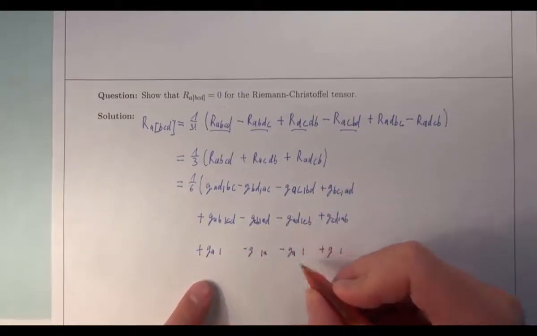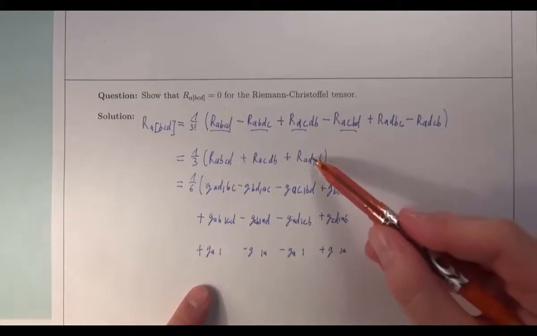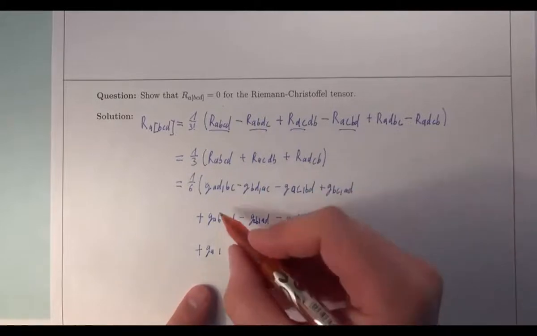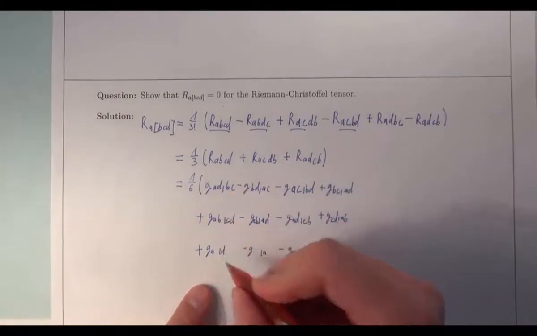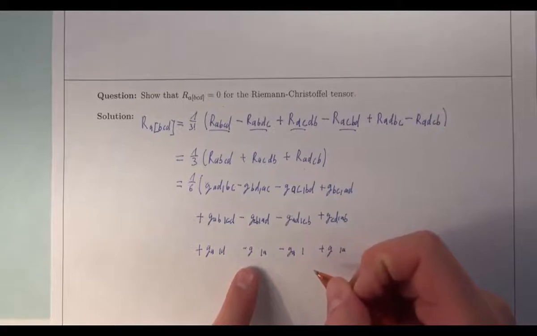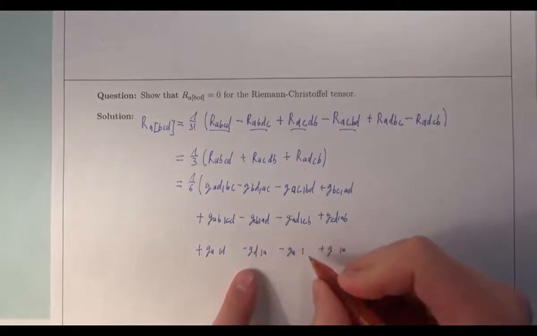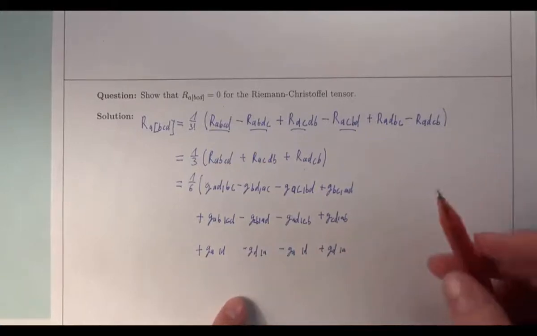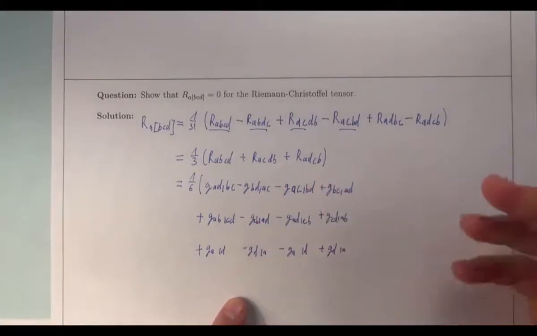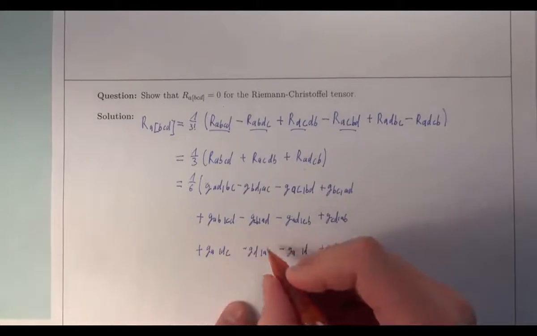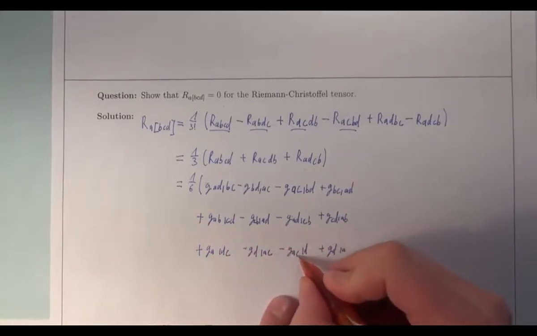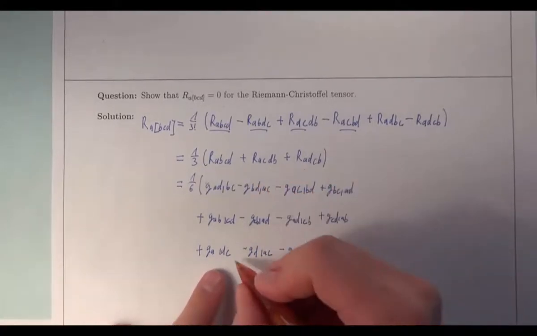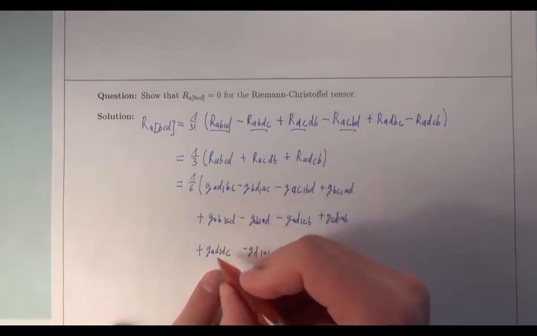A. D goes to B. And this guy, D. C goes to C, that's easy. C, and B goes to D. B goes to D, D.